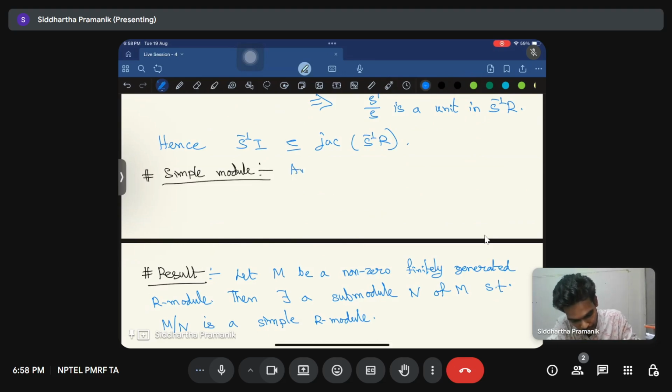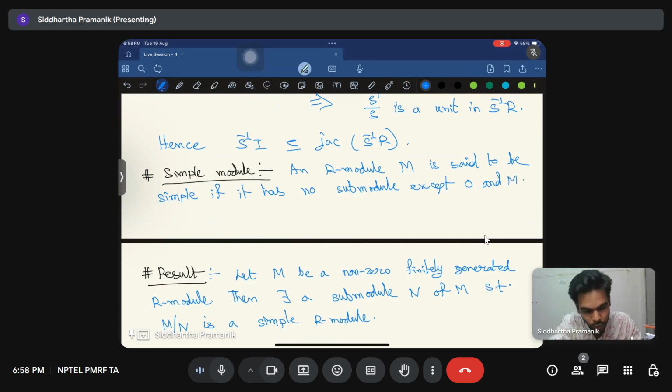An R module M is said to be simple if it has no submodule except 0 and M. So except 0 and M, it has no other submodule. Then it is called a simple R module.